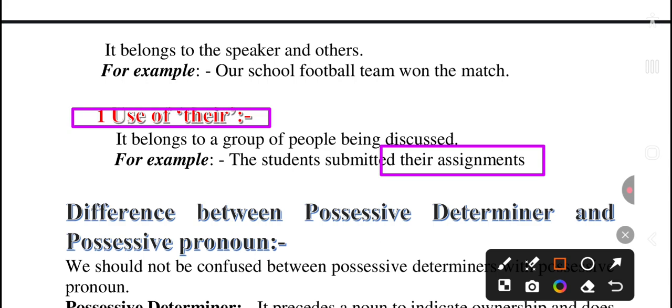The word their has been used before the noun assignments. Therefore, the word their acts as a possessive determiner. Now, there is a difference between possessive determiner and possessive pronoun.